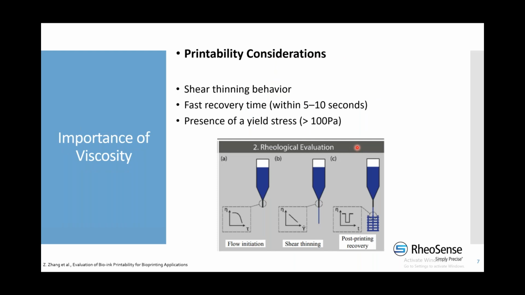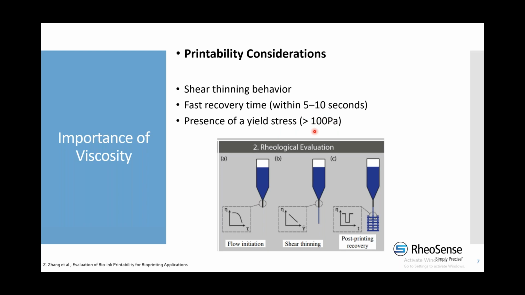The viscosity of bioink is important not only from a printability standpoint, but also it is an important factor for cell viability. In general, bioinks for 3D printing applications that exhibit shear thinning behavior, fast recovery time that could be within 5 to 10 seconds, and presence of a yield stress, typically greater than 100 Pascal, are ideal for 3D printing applications.